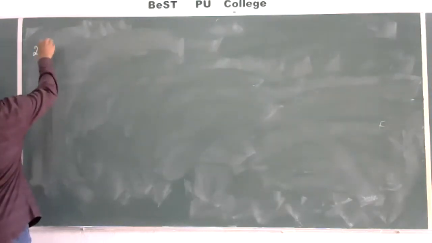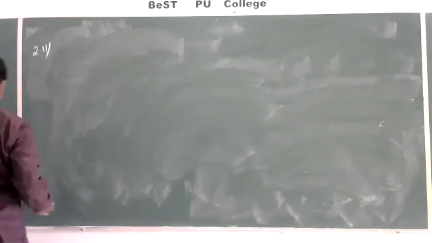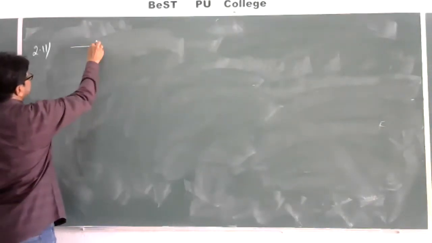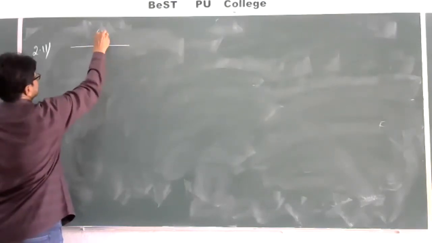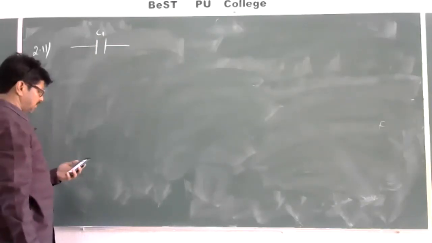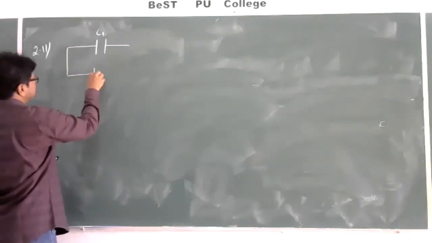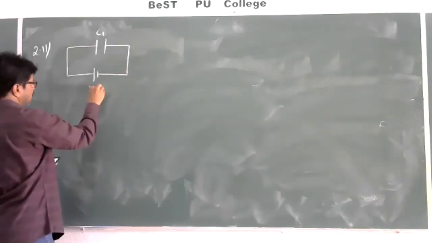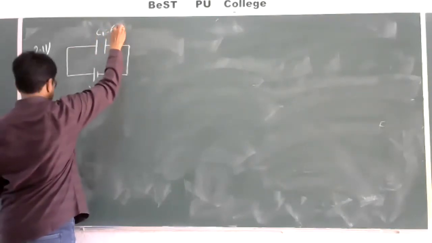Eleventh problem. Initially, a 600 microfarad capacitor is charged by a 200 volts supply.